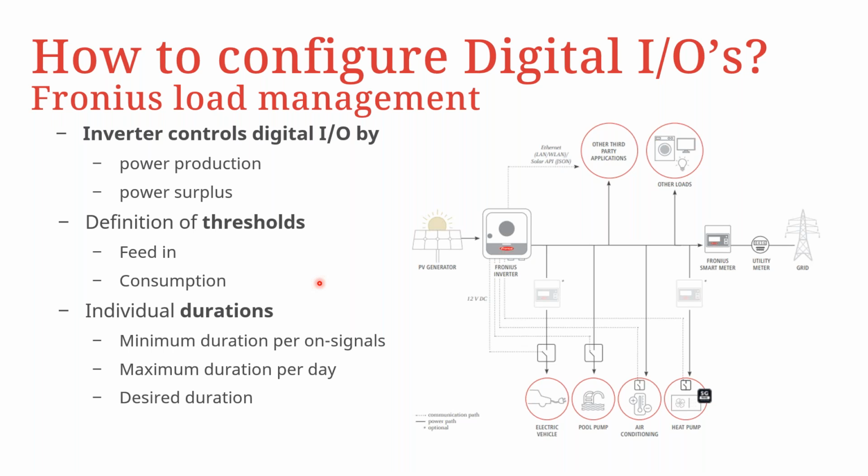So it is possible for you to activate a pool pump and possibly your air conditioner, depending on the threshold that you have set in terms of feeding or consumption. It is also possible to have individual durations for these powered appliances. Of course, you can run them for a particular duration, per signal or per day, or a pre-configured duration.